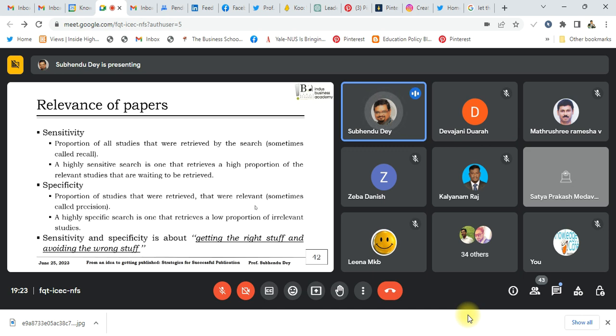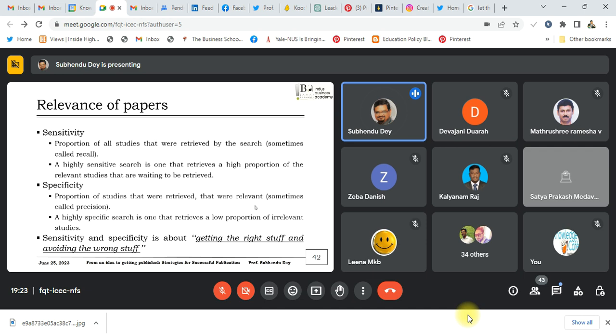You see what I'm trying to do? I'm trying to get my search criteria narrowed down so that my specificity increases. Did you understand this? So many a times what happens is, at the search stage itself, the kind of words and variables that you're putting in may give you a whole lot of irrelevant studies.